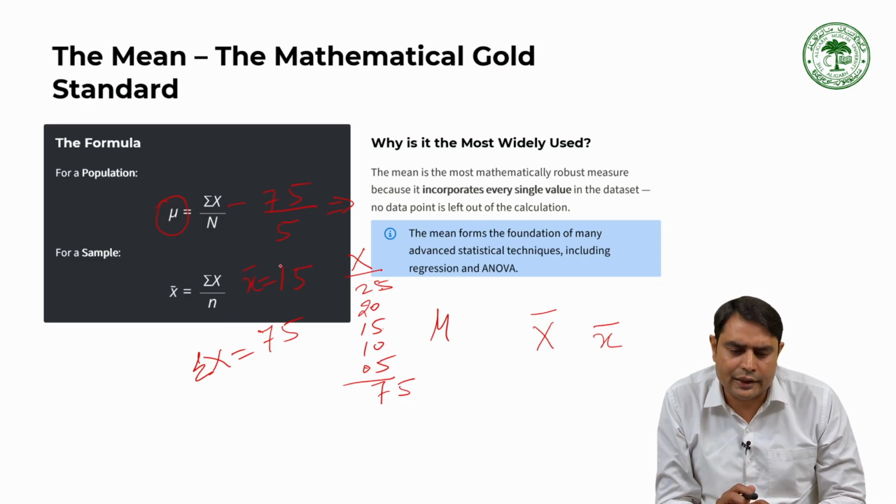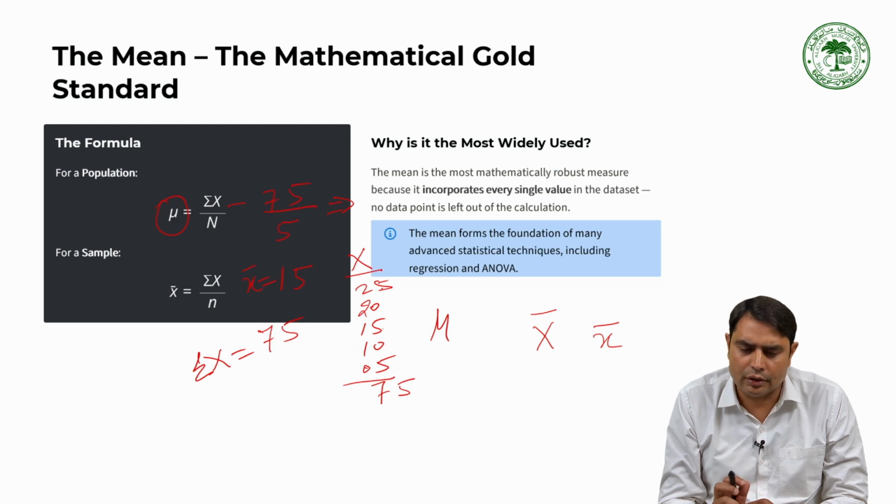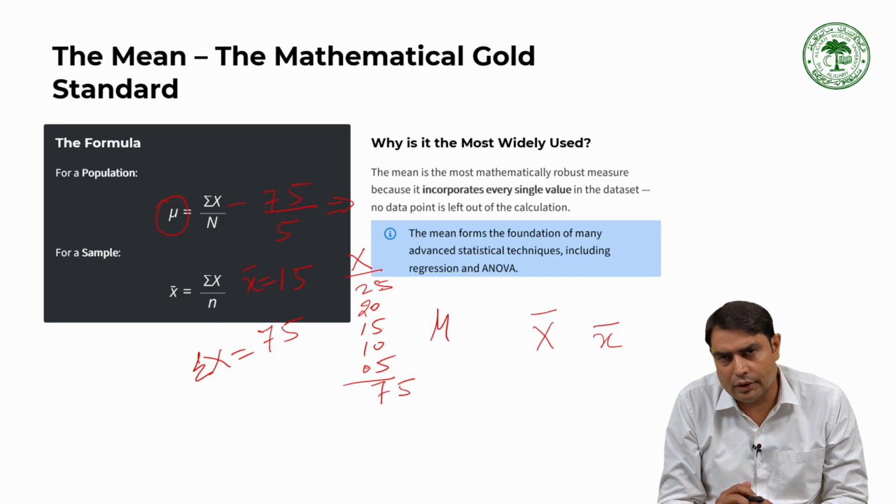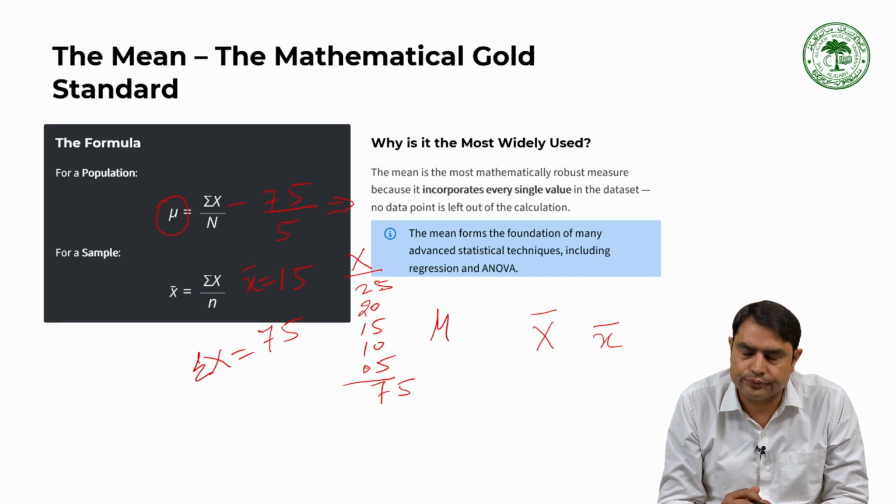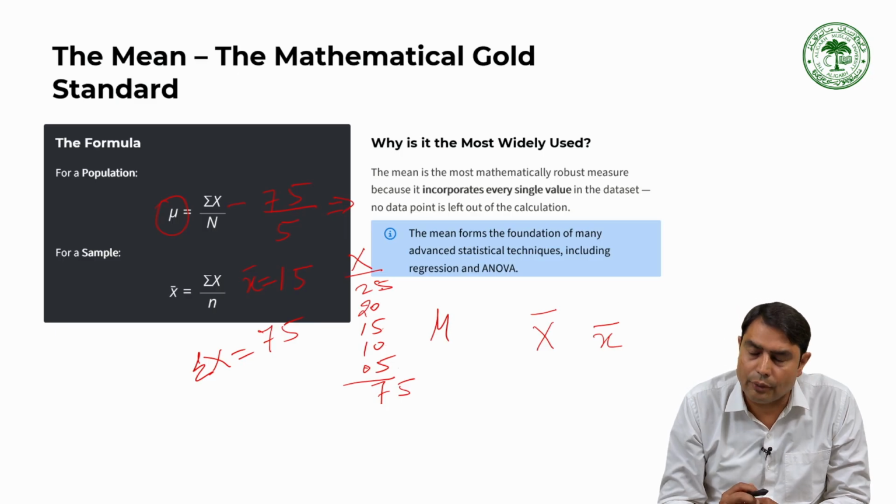Now, whether it is a sample mean or a population mean, the formula may change. There is a little bit of change in the formula depending on whether it is a sample mean or population mean, right. Usually, summation x by n is a commonly used formula.